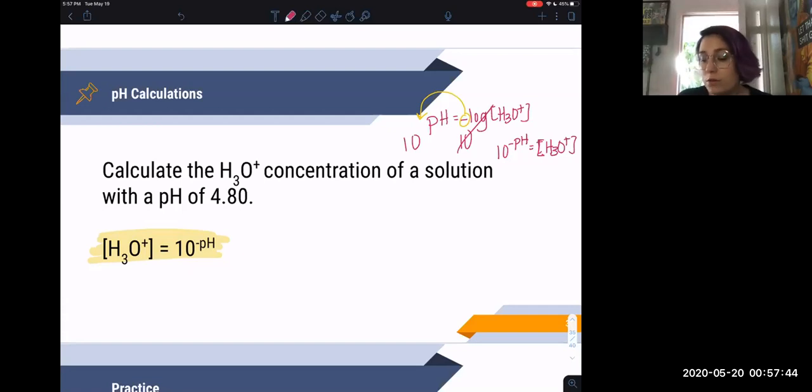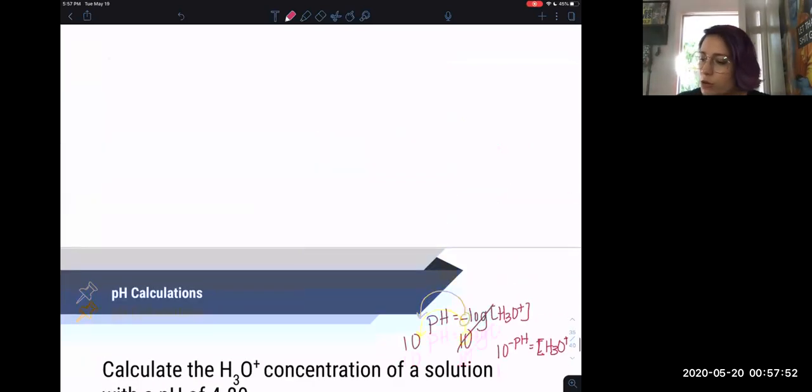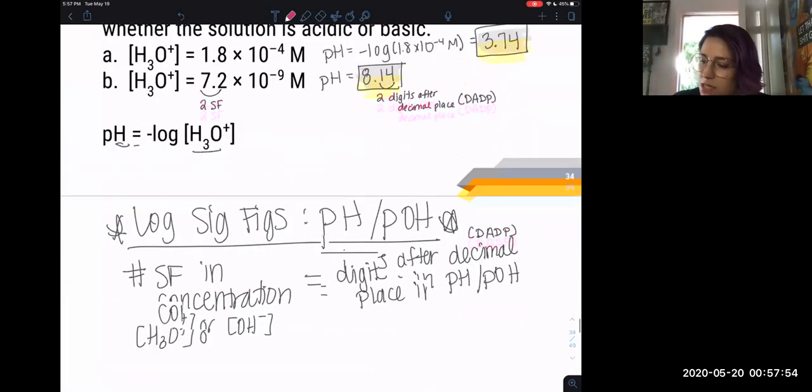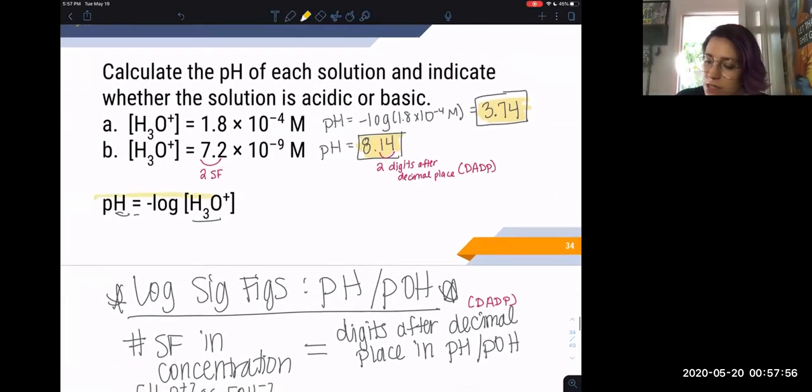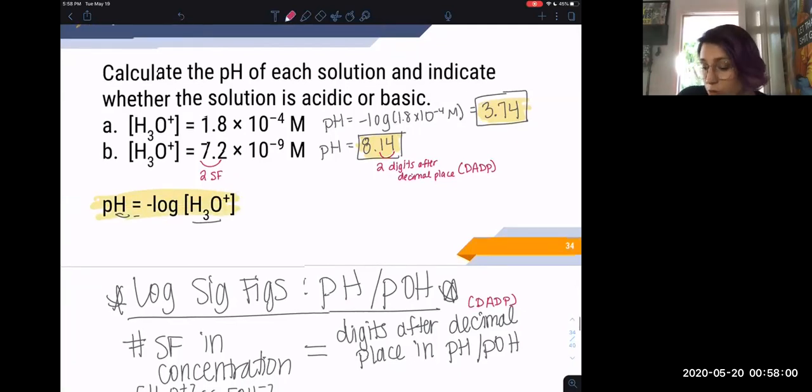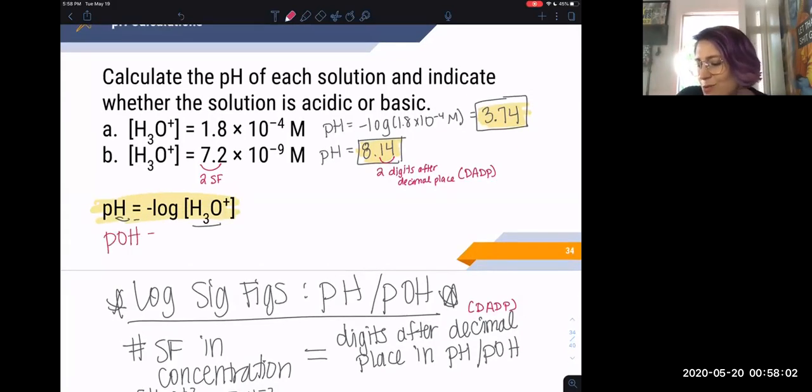But I don't give you the OH one, but it's the same. Just take out your H and put your OH. Oh, also, you're given this one. This is going to be given on your periodic table. But you don't get the pOH one. Just replace the H with the OH.